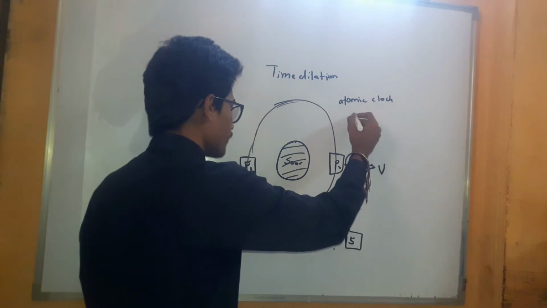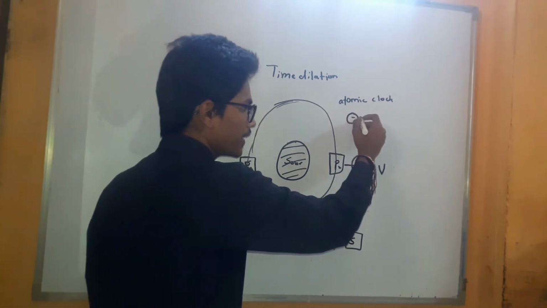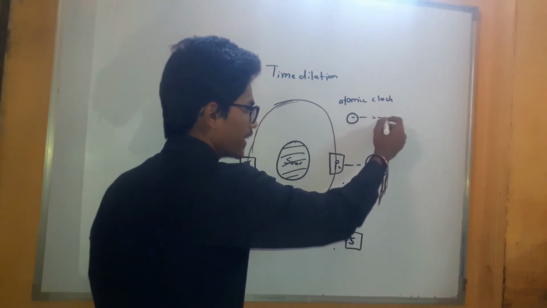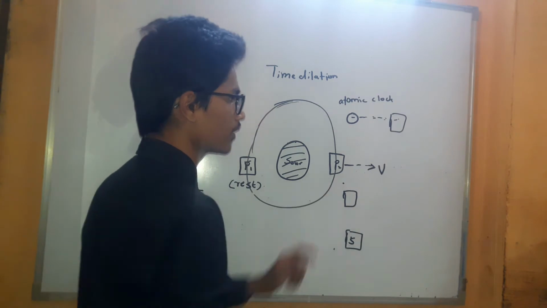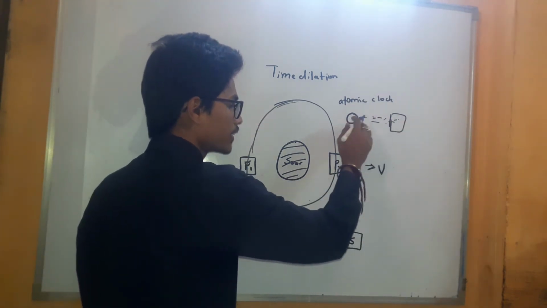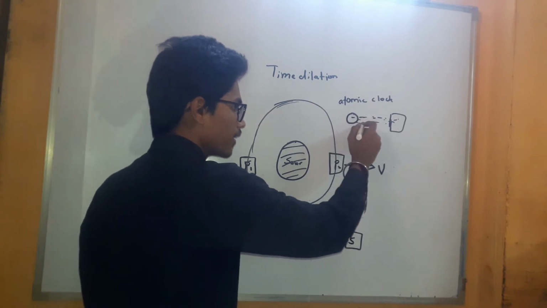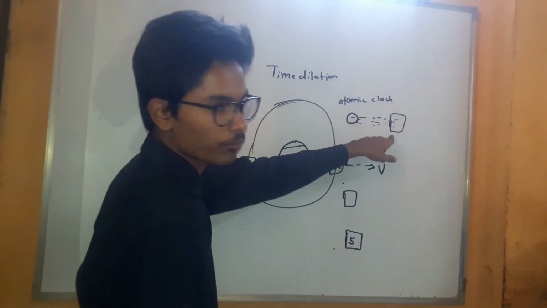If the source of light emits radiation which hits the atomic clock, it reflects back to the source, and again it emerges, and the second time it hits the atomic clock.